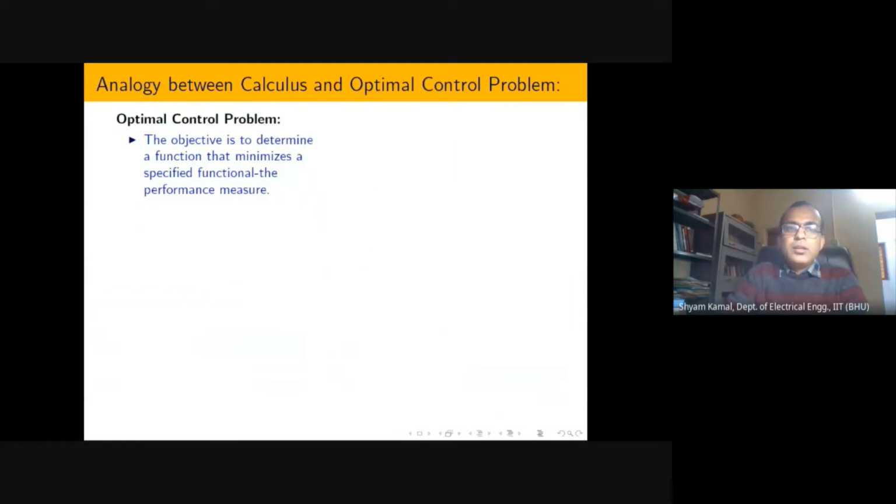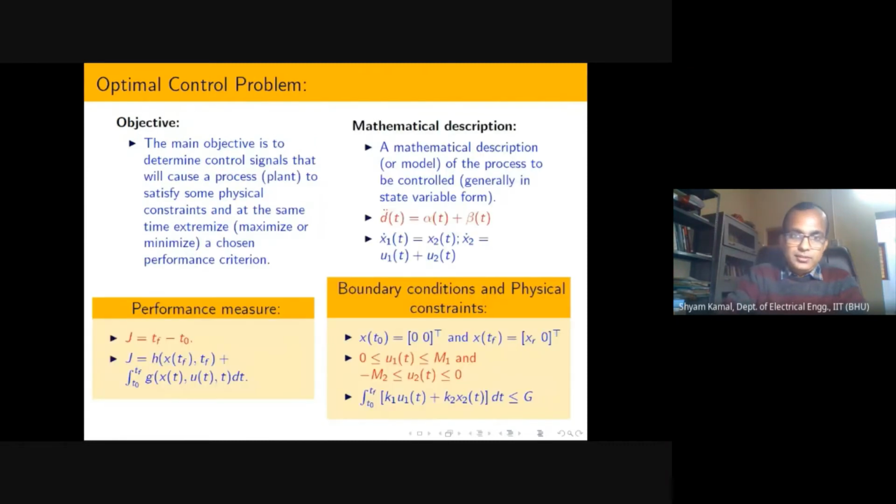Now try to understand the analogy between calculus and the optimal control problem. What is the main motive of the optimal control problem? The objective is to determine a function that minimizes a specified functional, which is nothing but the performance measure.